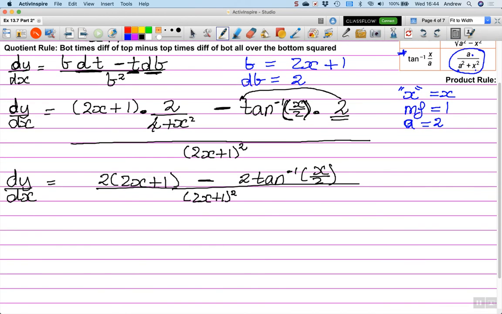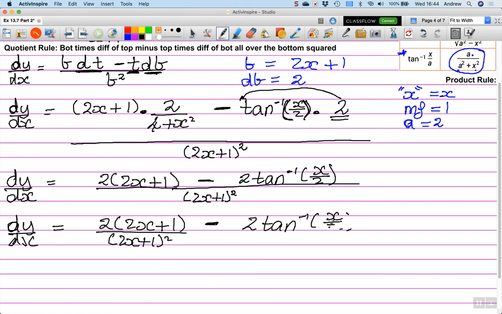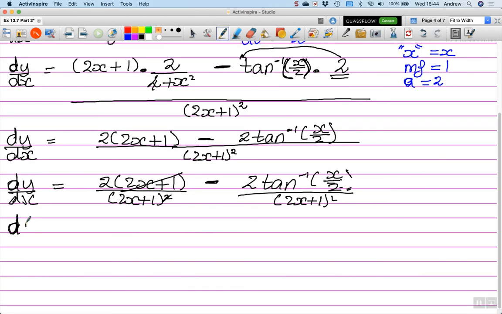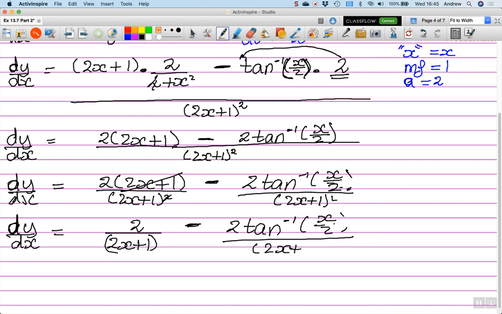Possibly one more line of working out. It's not a difficult line to work out, but it's difficult to decide whether you get any more marks for it. 2x plus 1 all over (2x plus 1) squared minus 2 on the inverse tan of x over 2, all over (2x plus 1) all squared, and one of these cancels with that, so you end up with one last line of dy over dx is equal to 2 over 2x plus 1 minus 2 on the inverse tan of x over 2, all divided by (2x plus 1) all squared.